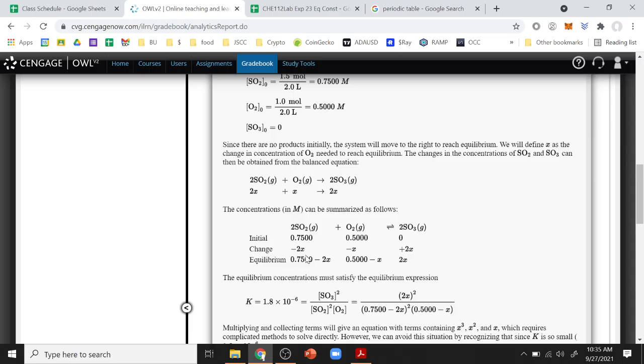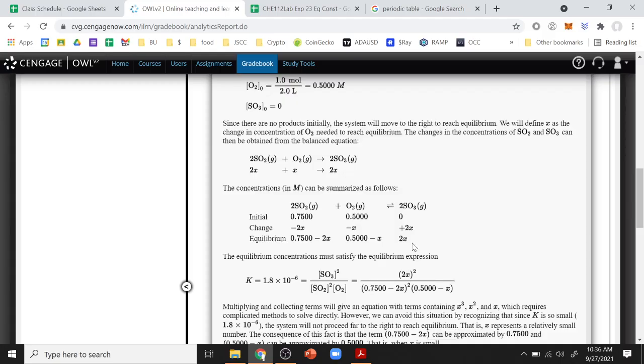Okay, again, our initial minus whatever we used up. And then our equilibrium out here, initial minus what we used up again. And then whatever we produce is how much product we have. Okay.